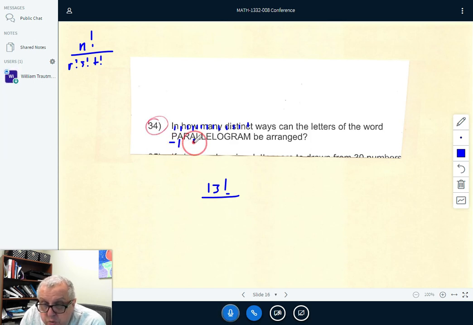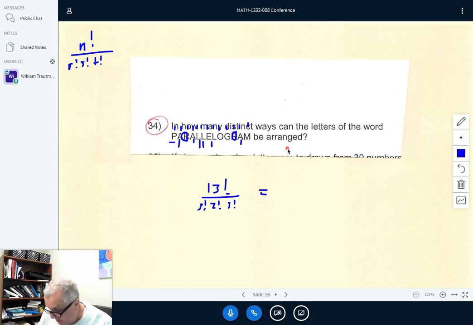But I have 3 A's, so I have a 3 factorial for the A's. R's, I have 2 R's, so I have to put a 2 factorial down there. L's, I have 1, 2, 3 L's, 3 factorial. E's only 1, O's only 1, G's only 1, and M's only 1. So this should be my answer if I type it in. I'm going to type in fraction 13 factorial. Remember, go to probability and number 3 for factorial.